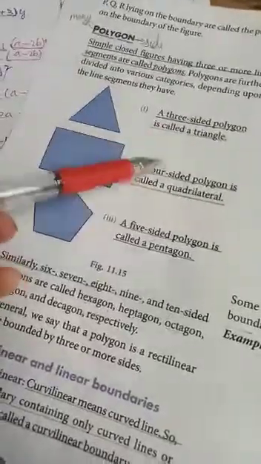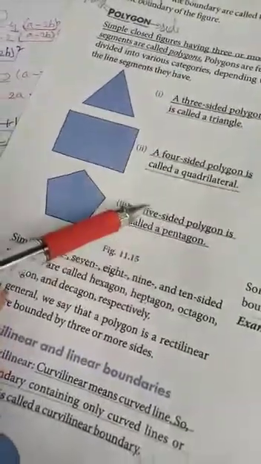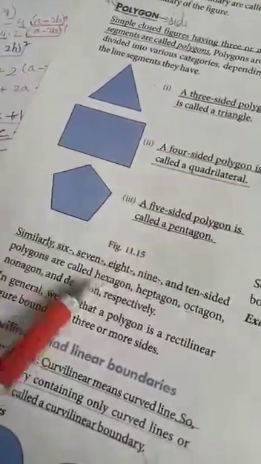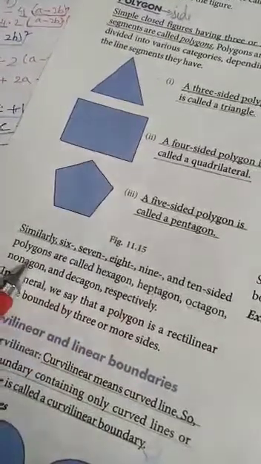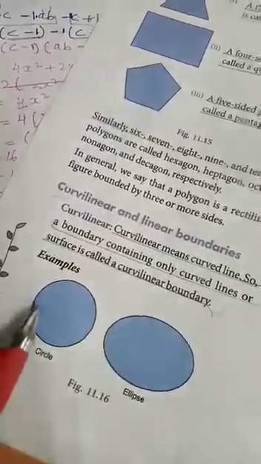Remember the meaning of those words. Tri means 3, quad means 4, pent means 5, hex means 6, hept means 7, oct means 8, non means 9, deca means 10. Remember those.